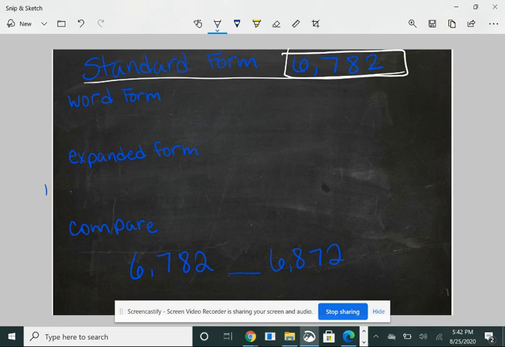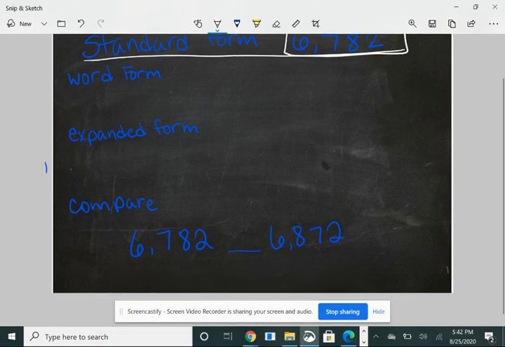So if I'm going to read this number, I would say 6,782. Okay, so I'm going to write this number down in word form. And I just said it, and just like I said it, that's how I'm going to write it.